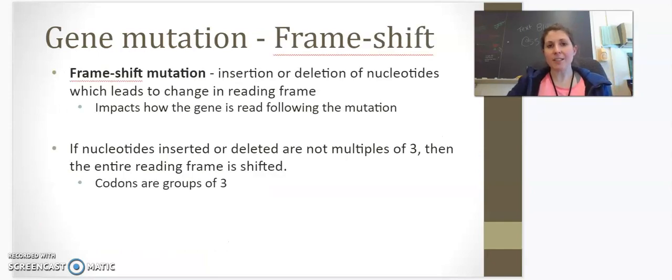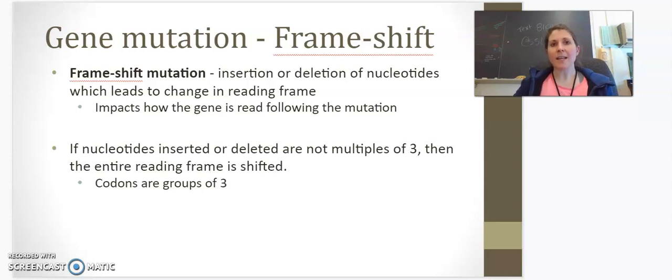The other type of gene level mutations are called frame shift mutations. This is caused by either inserting or removing a nucleotide, and it changes the reading frame of the protein. If you remember, whenever we did transcription and then translation, it was read in sets of 3 called codons.